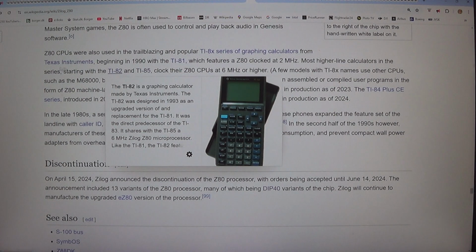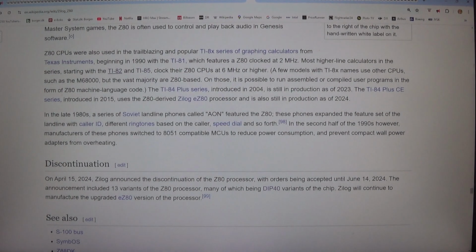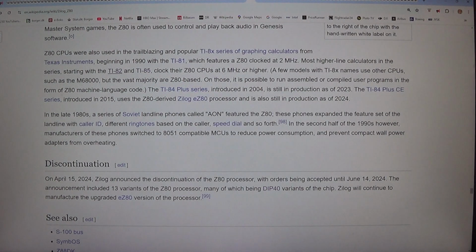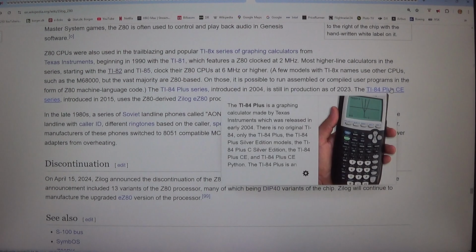On those, it is possible to run assembled or compiled user programs in the form of Z80 machine language code. The TI-84 Plus series, introduced in 2004, is still in production as of 2023. The TI-84 Plus CE series, introduced in 2015, uses the Z80-derived Zilog eZ80 processor and is also still in production as of 2024.